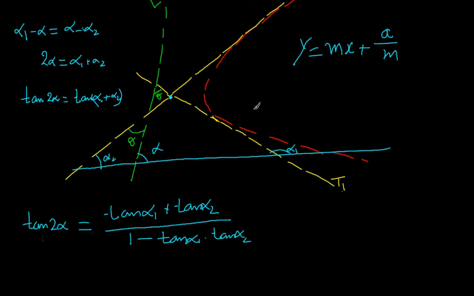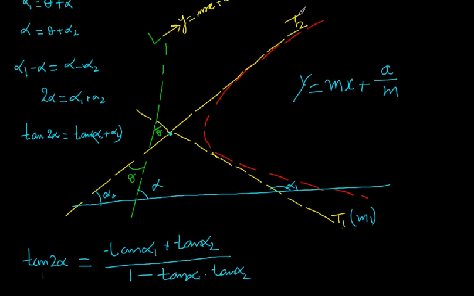So if you take m1 as the slope of one tangent, and this one will be m2, then you will get a very simple equation: m1 plus m2 divided by 1 minus m1 m2. Now our game will start from here.